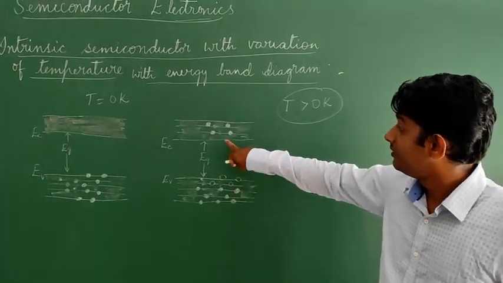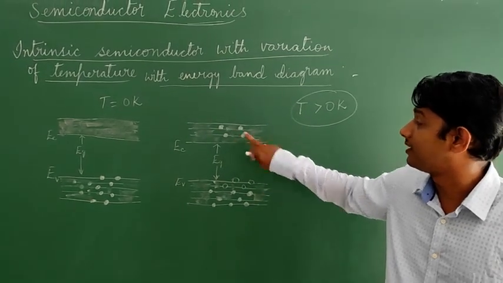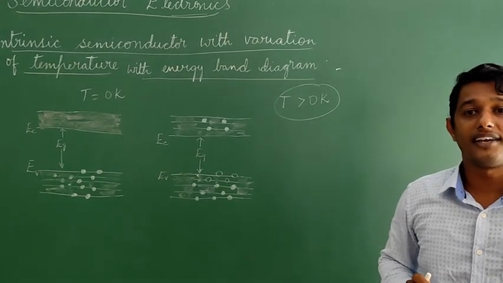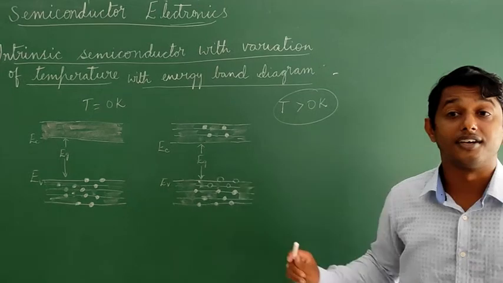You see the electrons have come from here to here. Therefore, the energy band diagram for the intrinsic semiconductor is shown here.